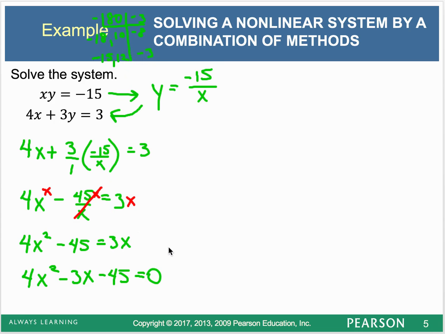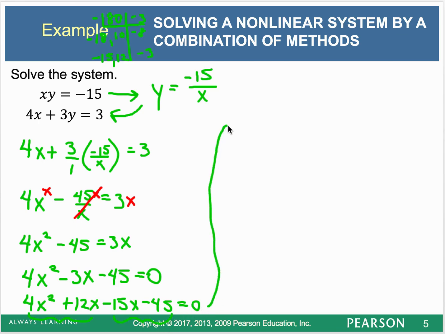Okay, so we can rewrite this as 4x squared plus 12x minus 15x minus 45 equals 0, so that I can factor by grouping. So I can factor a 4x out of those first two terms, and that's going to leave x plus 3.